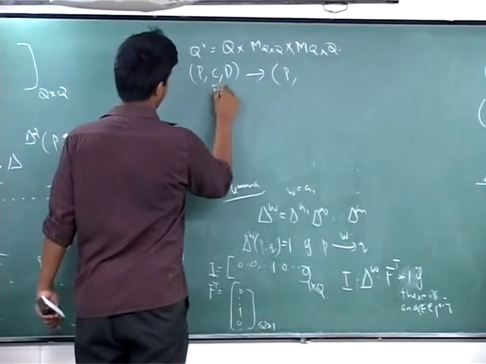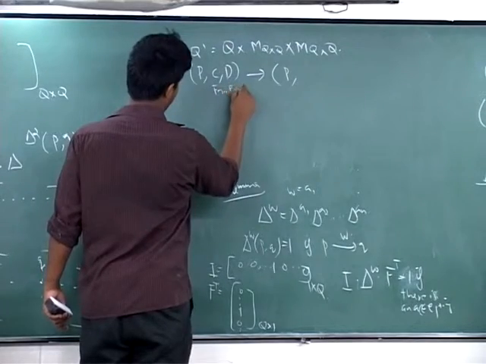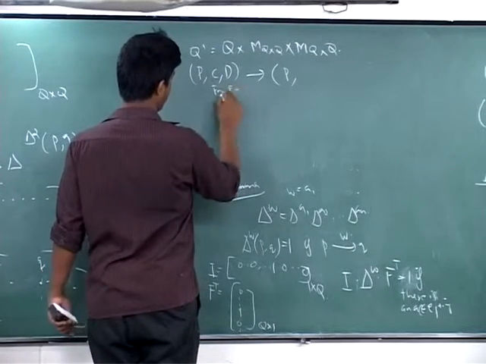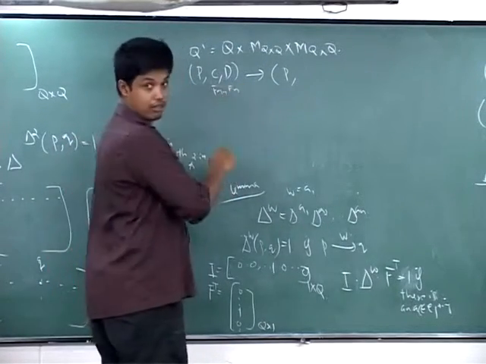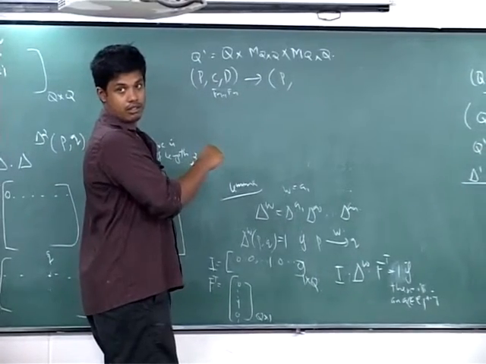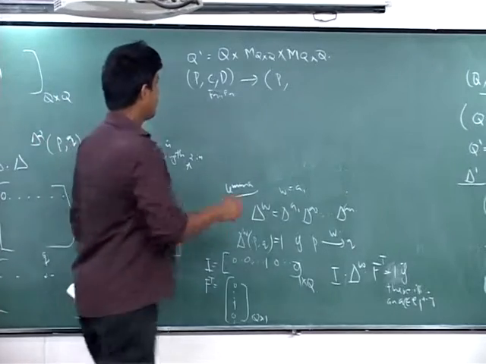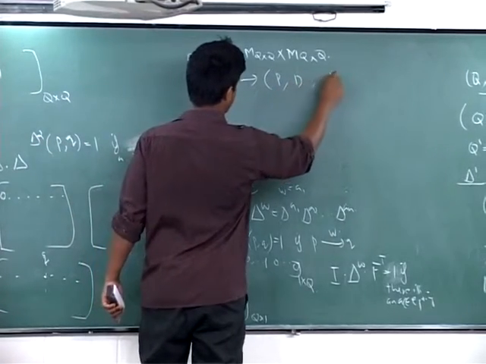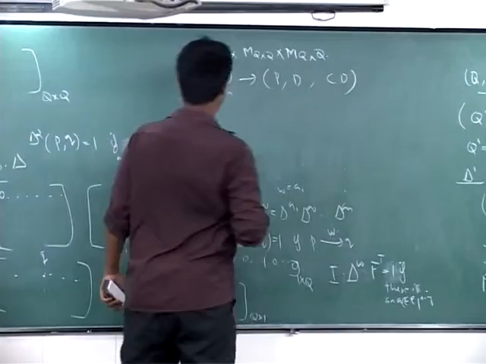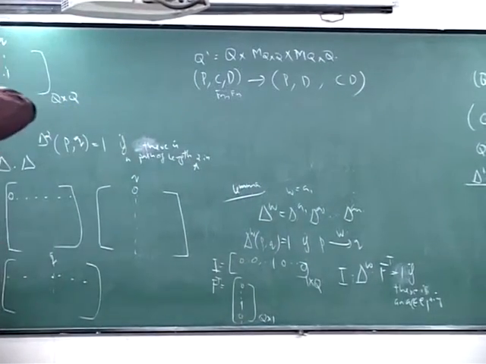Suppose this is F n minus 1 and this is F n. In that case, F n plus 1 will be this times this. Is it correct?